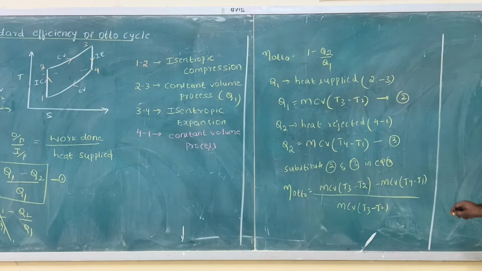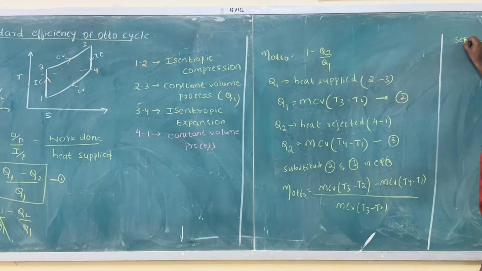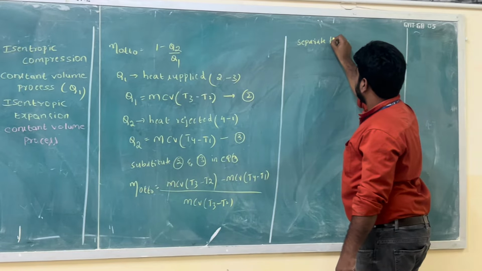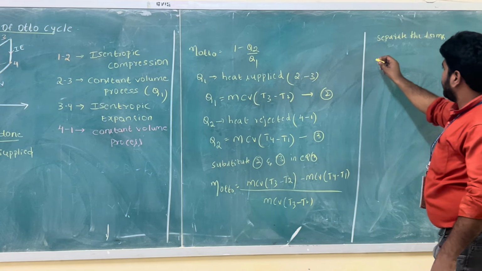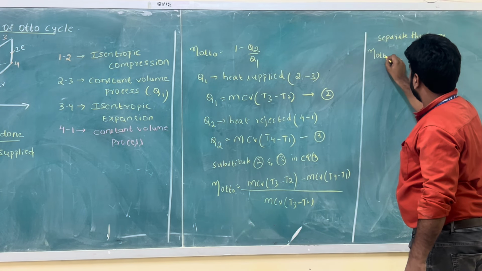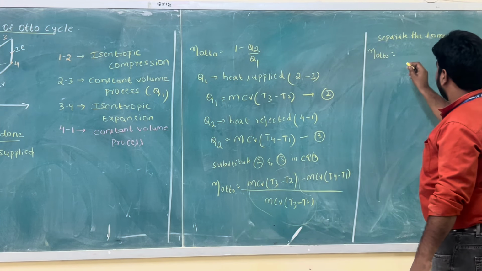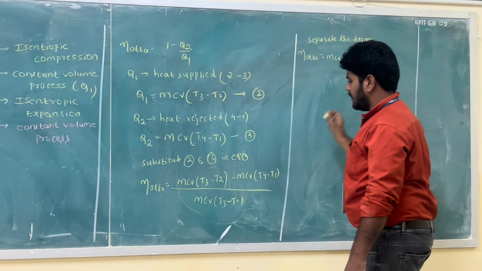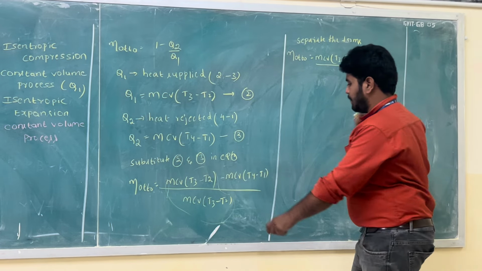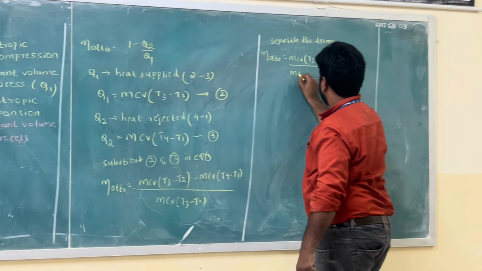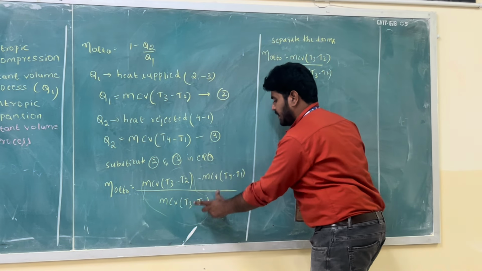Next, separate the terms. So we get the efficiency of the Otto cycle equal to m Cv (T3 minus T2) divided by m Cv (T3 minus T2), and again I will separate these terms.